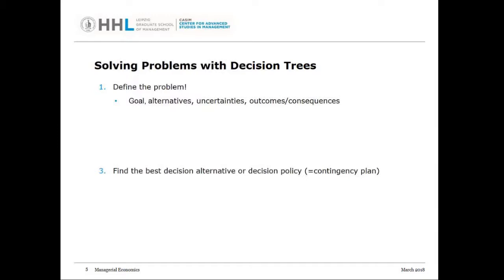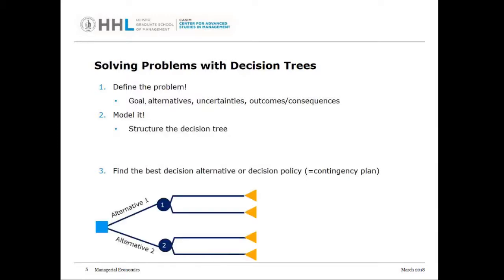A very useful tool to support the decision-making process are decision trees. So we start with modeling the decision scenario, and only then we look at the possible solutions. So first, model it. Here you have an example of a small decision tree, and some explanation for the elements.